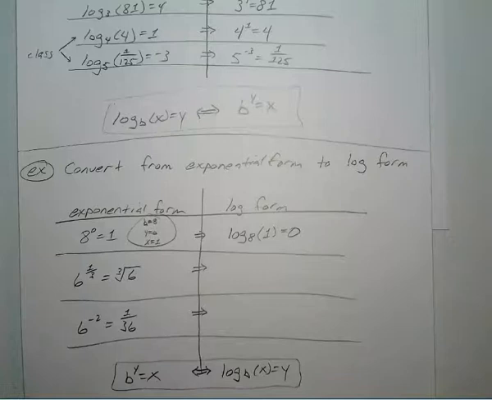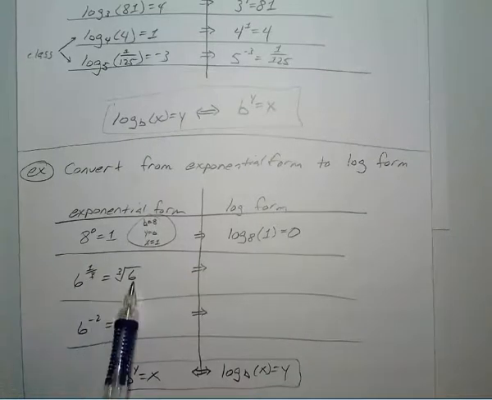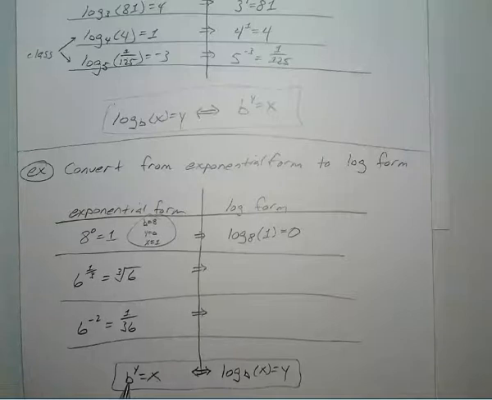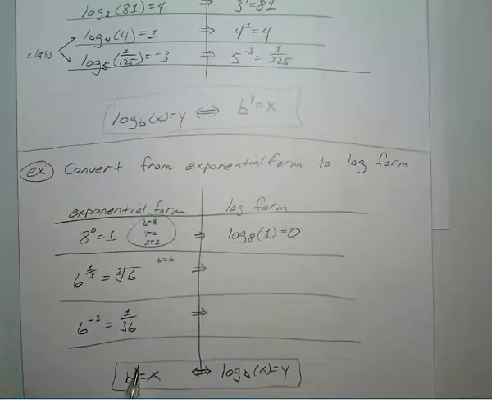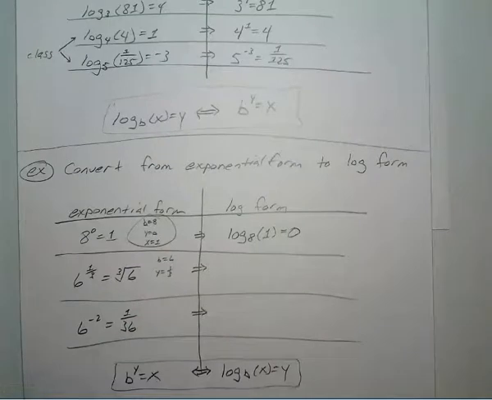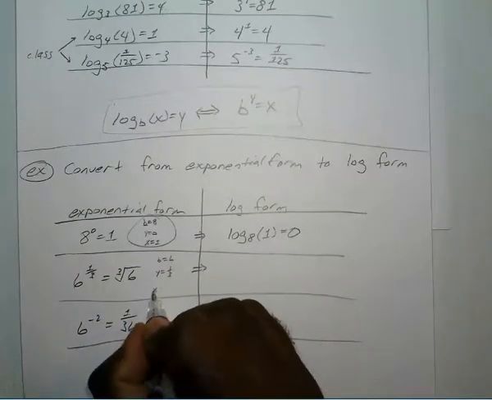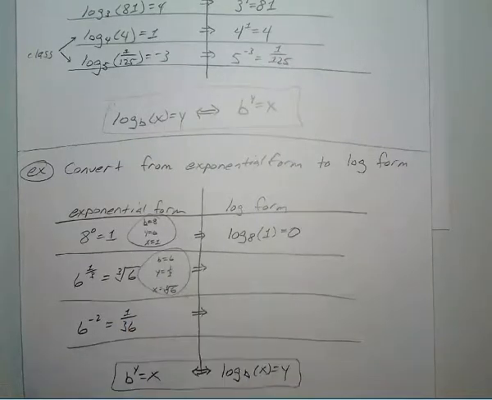Okay, so let's do another one. 6 to the 1/3 power equals cube root of 6. So in this one, b is equal to 6, to the power of y, so we know y is equal to 1/3, equals x, so we know x is equal to cube root of 6. Okay, now you don't have to write these down, obviously.